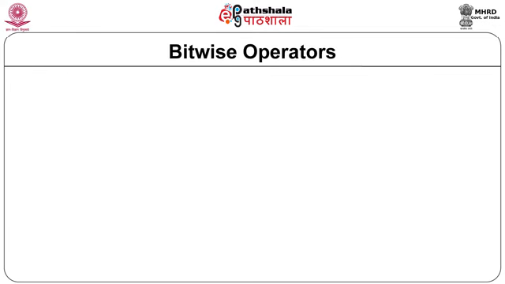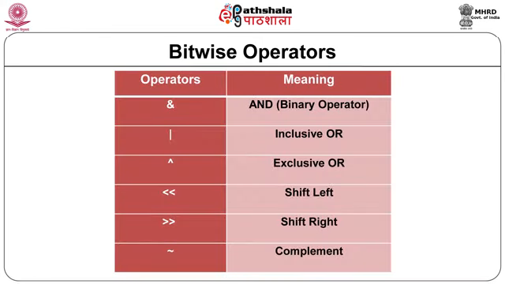After this we need bitwise operators. There are 6 different types of bitwise operators: AND, inclusive OR, exclusive OR, shift left, shift right, and complement. Many times you have 2 expressions and the results of these expressions are binary, either 1 or 0. In that case you need to use bitwise operators.